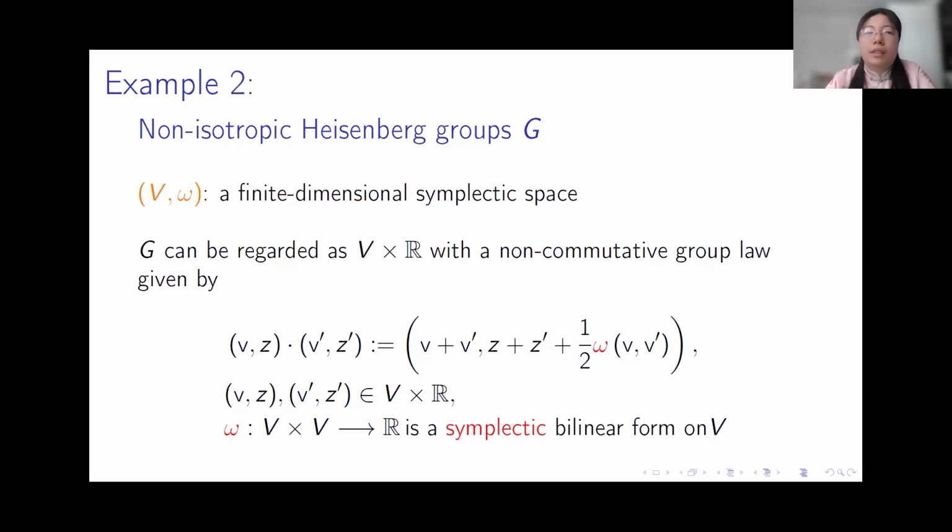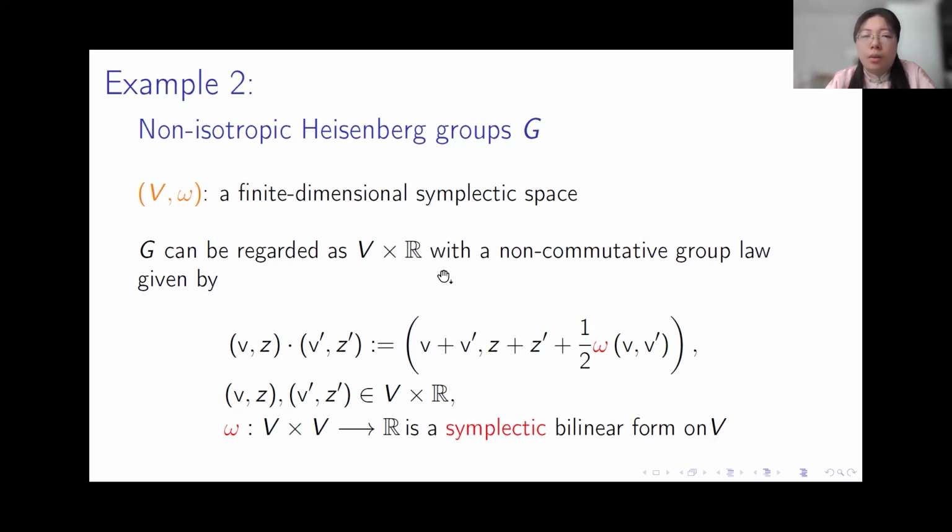The second type of example is the non-isotropic Heisenberg group. The non-isotropic Heisenberg group is defined on a finite dimensional symplectic space V. It can be regarded as this symplectic space times R, equipped with a non-commutative group law.